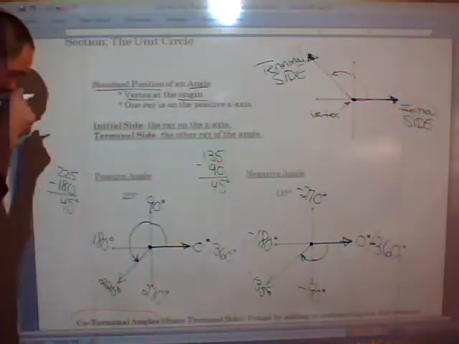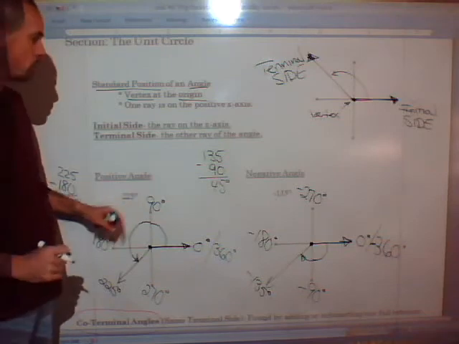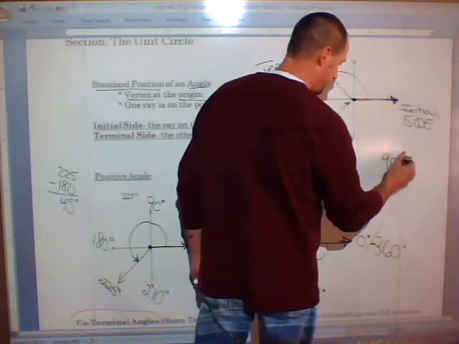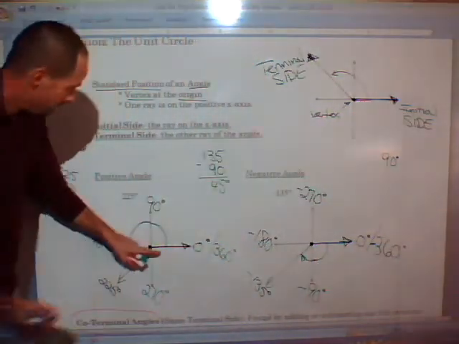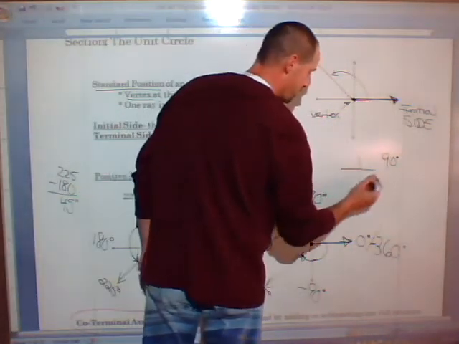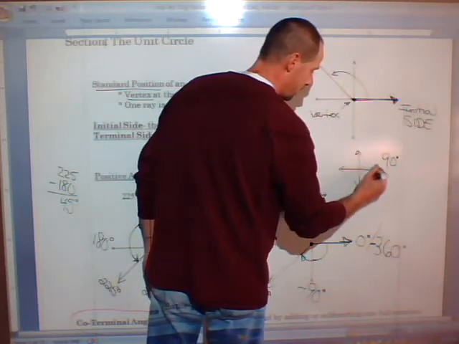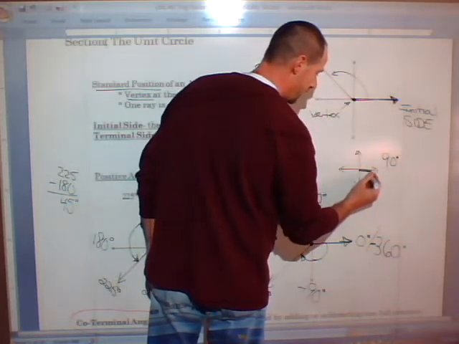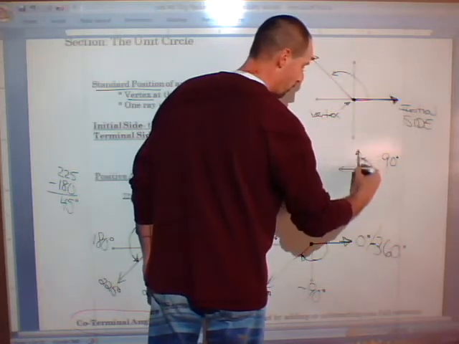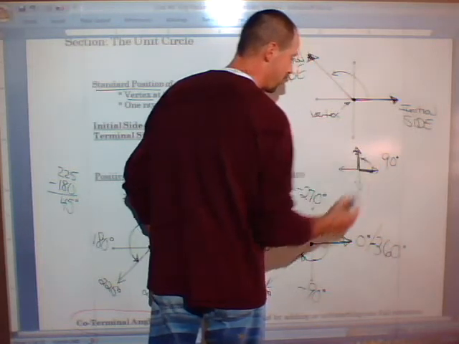Let's try to keep this as easy as possible. Let's use a 90-degree angle. If we had a 90-degree angle, obviously you would get to the spot here. Let me just sketch it right here. We were doing 90 degrees. That would end up right here. That would be a 90-degree angle.